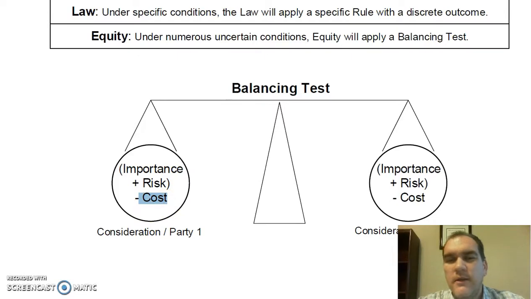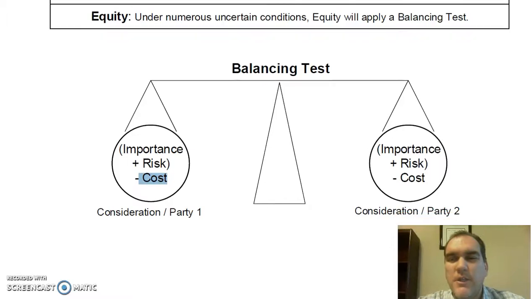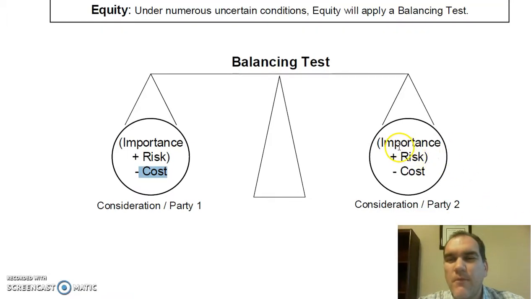This is the situation of the first party, and then the situation of the first party will be balanced against the situation of the second party, which is the importance of the situation to the second party, their risks, their costs or benefits, and so equity will apply a balancing test.